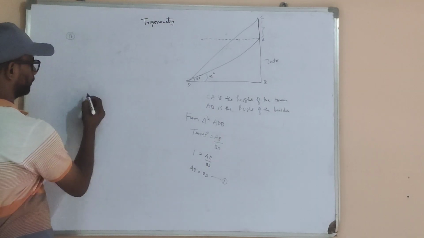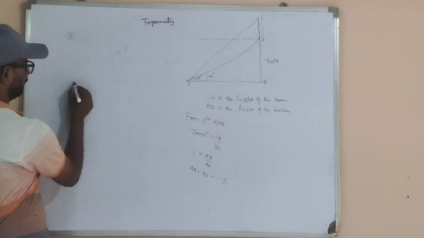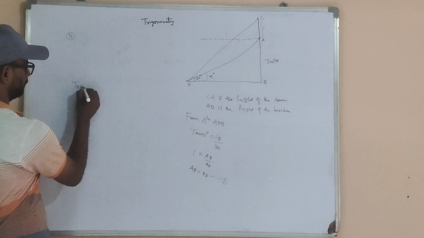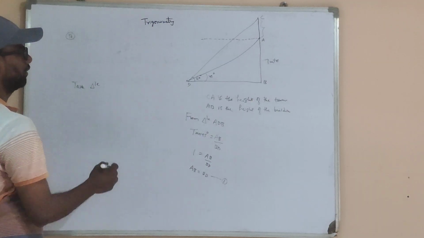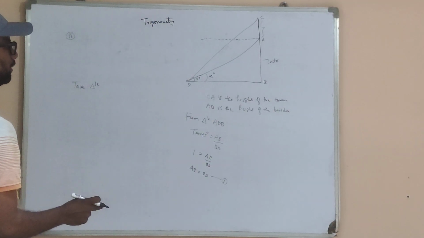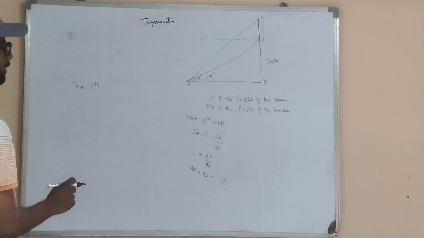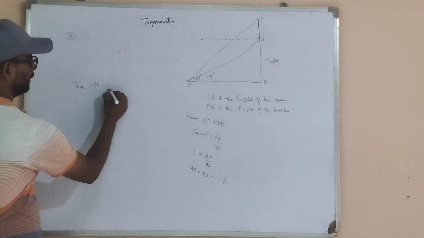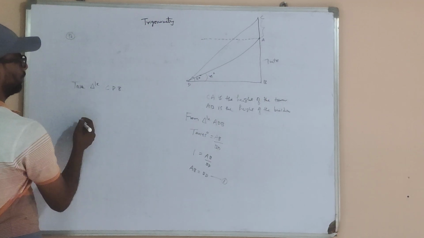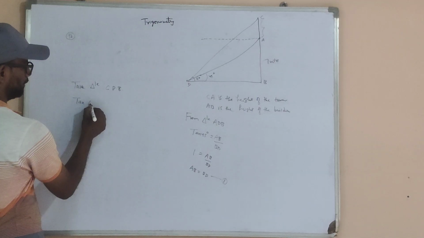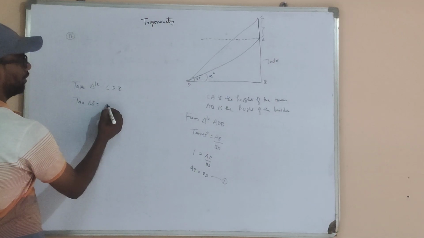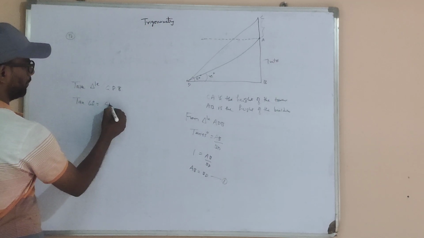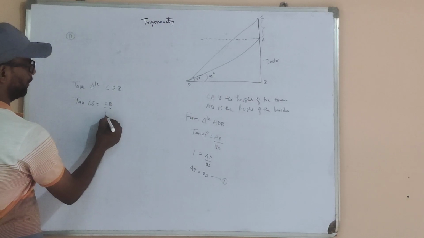Now take triangle CDB. Here tan 60 degrees is equal to opposite side over BD, that is BC by BD.